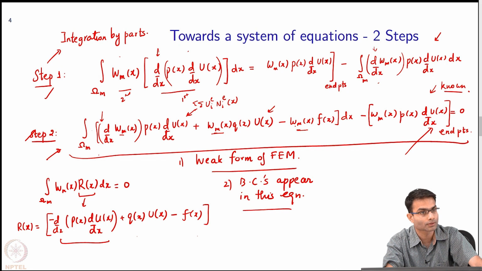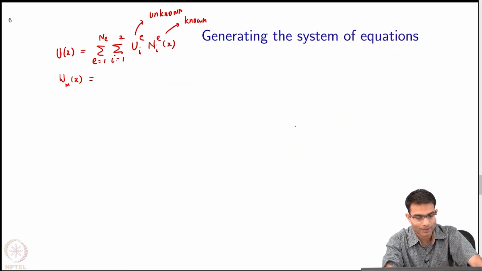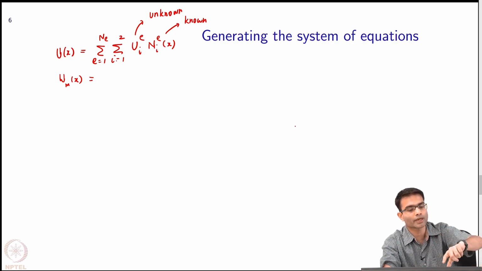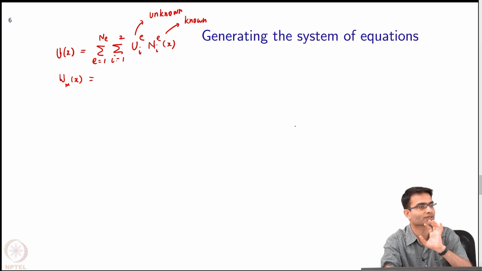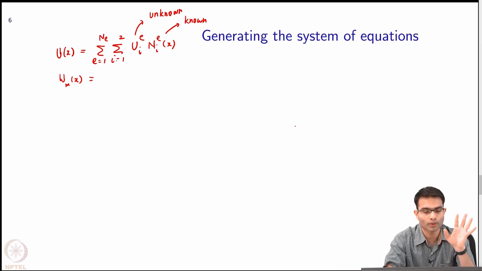Is that what you're saying? Okay. So let's go one at a time. Do you agree that U I E should not be in W m x? Because it will be a product of two unknowns then, right? So U I E should not be there. Then what is left? A known function N I E.